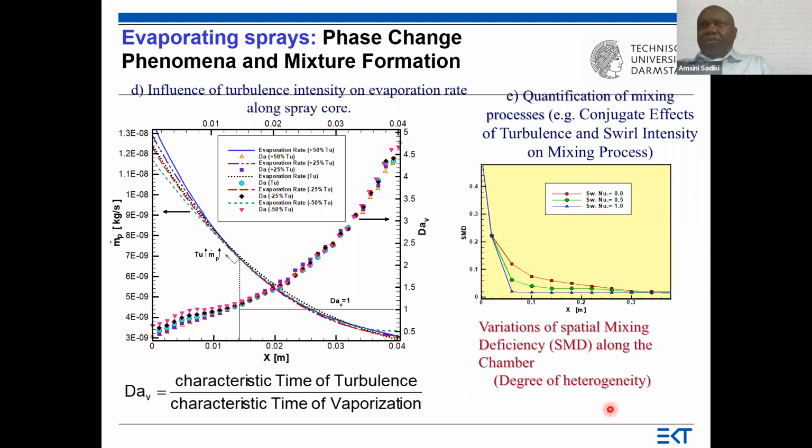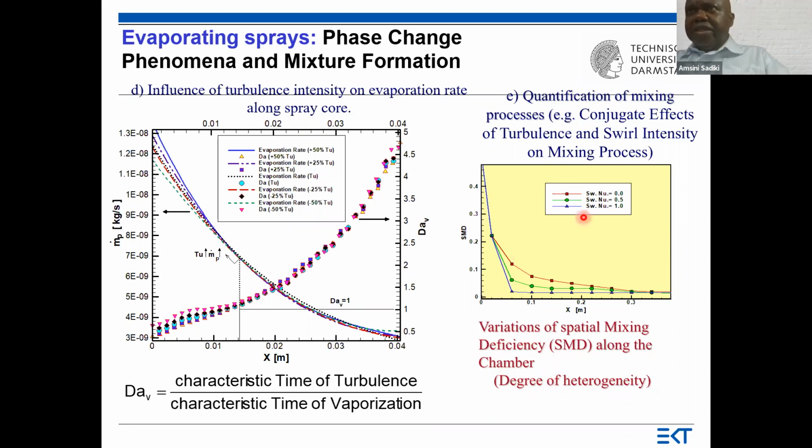And if we see the SMD, not the Sauter mean diameter, but the spatial mixing deficiency, it is a degree of heterogeneity. If this quantity is small, it means that the mixing is complete, better than the case when this quantity is higher.